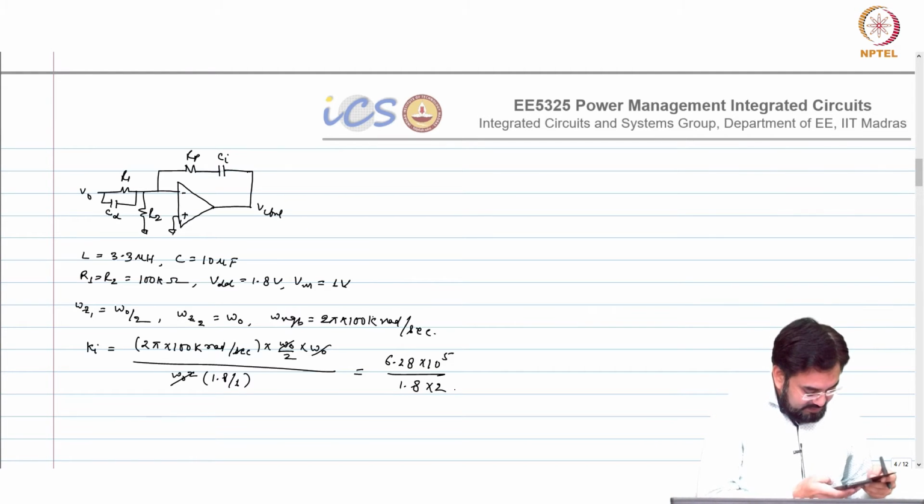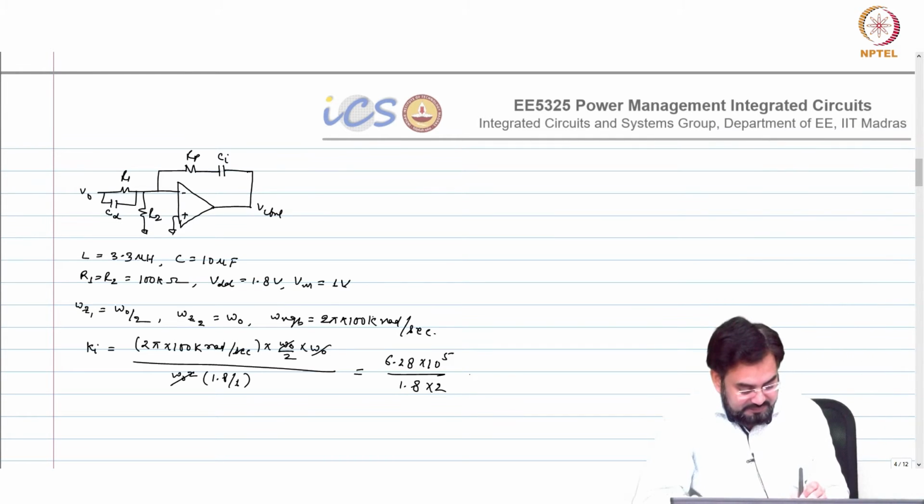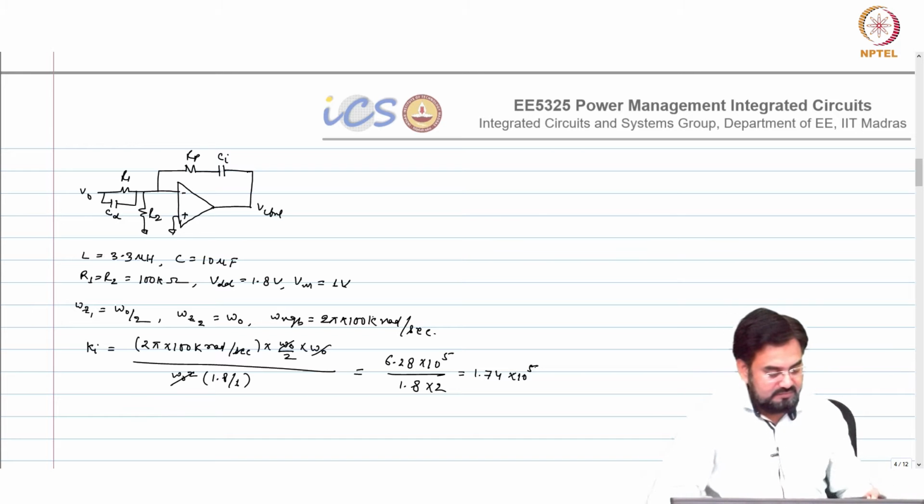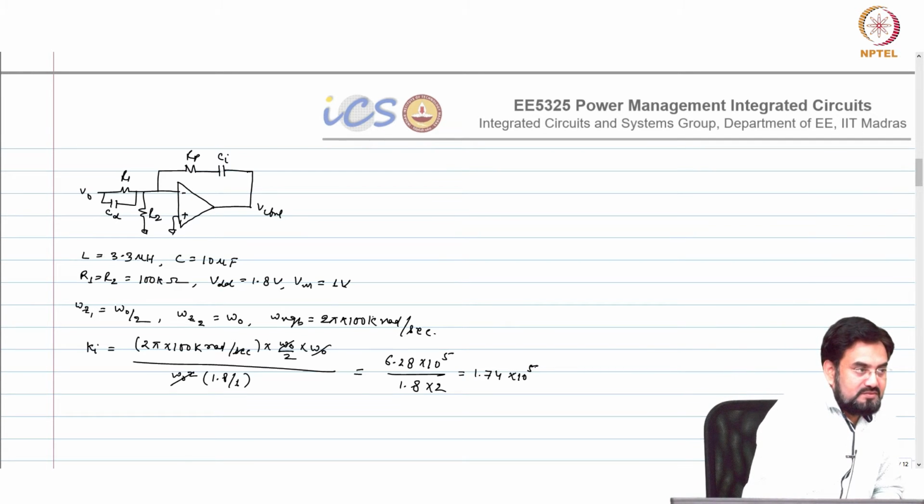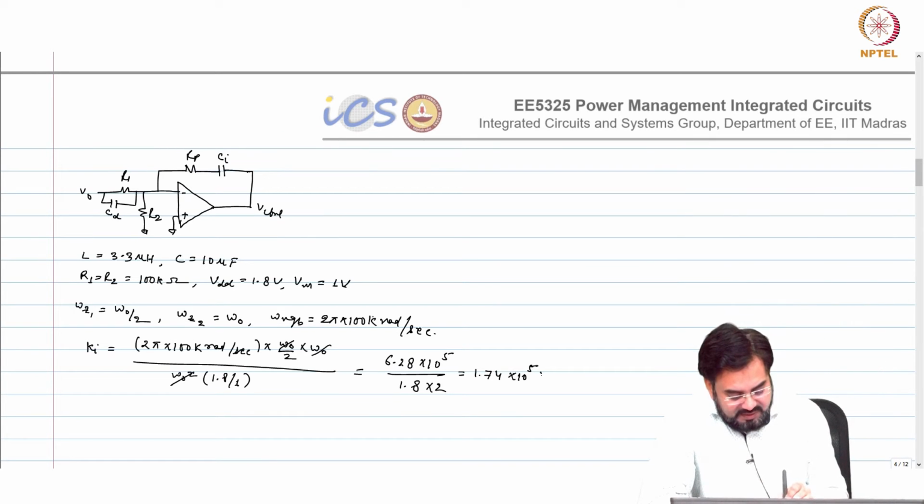So 6.28 divided by 3.6, which is 1.74 into 10 power 5. And the unit is radian per second.